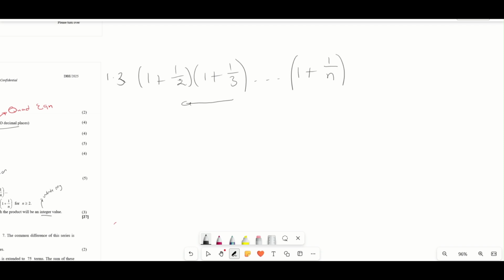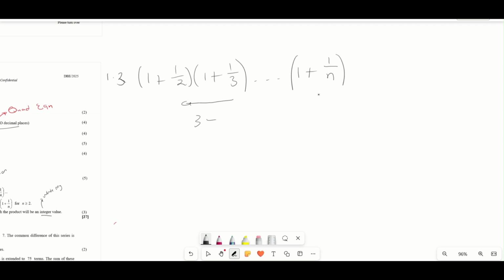But the thing that changes is the denominator. It keeps on changing to 2, 3, 4, 5, and so on. But if you go backwards, you can see that we're subtracting from 3 to 2. We subtracted 3 minus 1 to get 2, right?